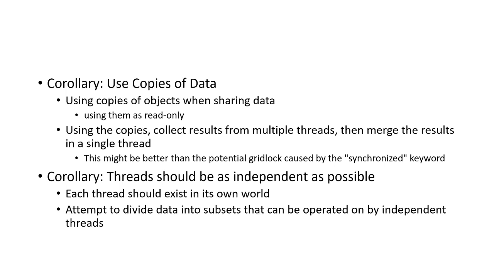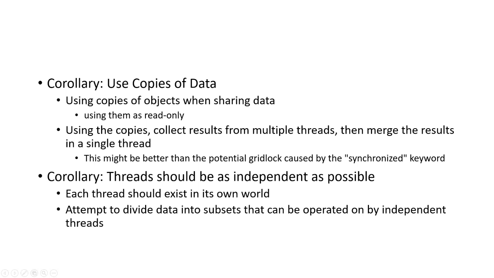So in the example that we used earlier, multiple threads were updating the single counter object. But it'd be better to use copies of that object when you're sharing the data amongst all those different threads. So you use the copy, you collect the results from the multiple threads, then you merge the results in a single thread.